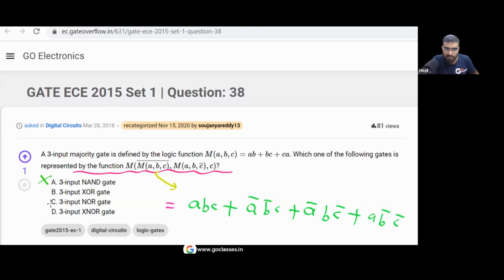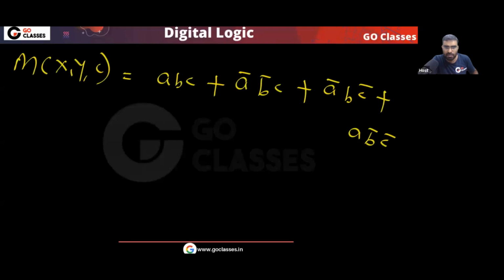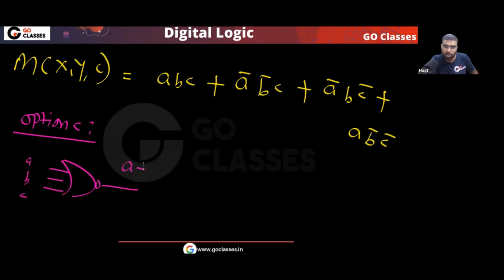What about option C? 3 input NOR gate. Let me focus on option C now. Option C is the 3 input NOR gate with inputs A, B, C, so that will be a bar, b bar, c bar.